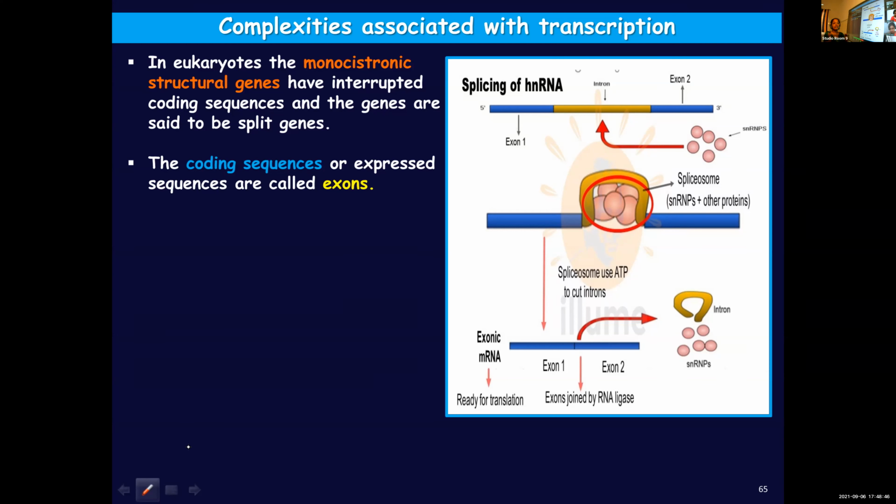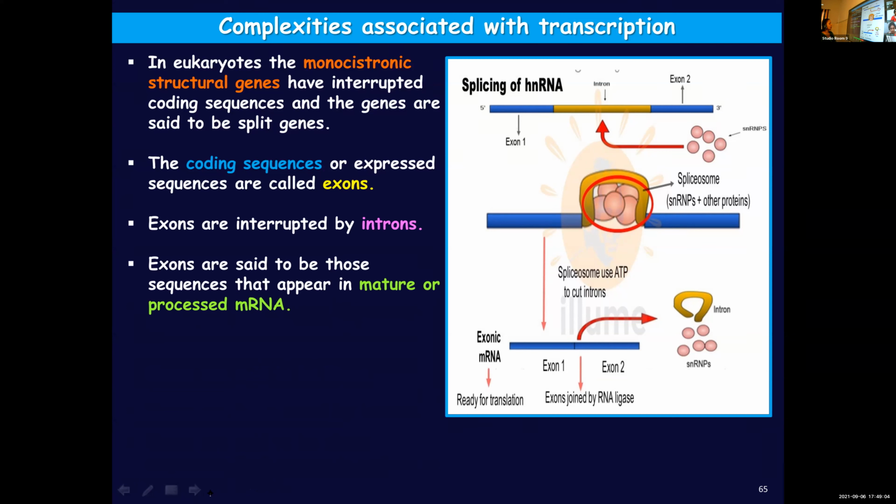Split genes consist of exons and introns. The coding sequences or expressed sequences you call as exons. And the sequences interrupting the exons you call introns. Exons are those which will appear in a processed messenger RNA or mature messenger RNA.